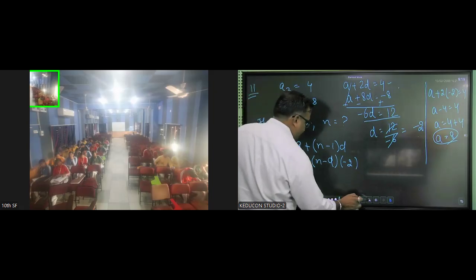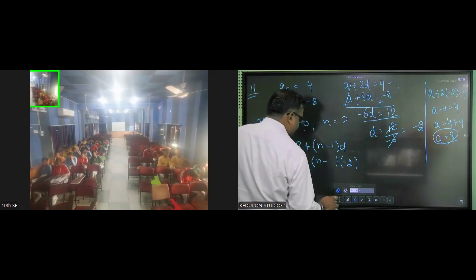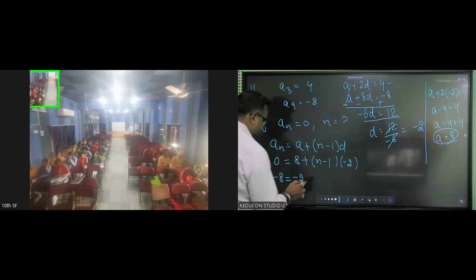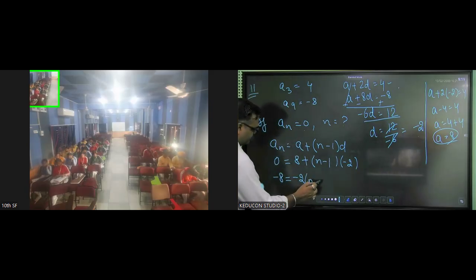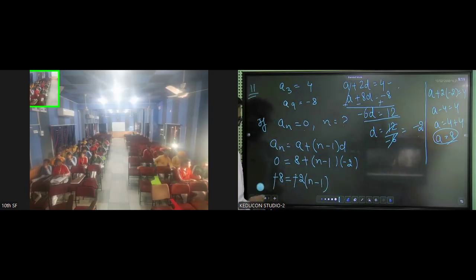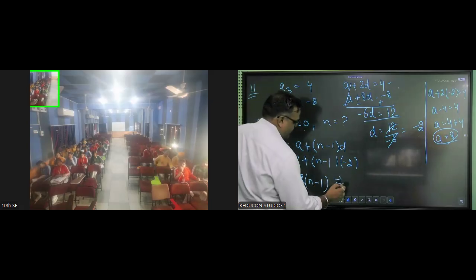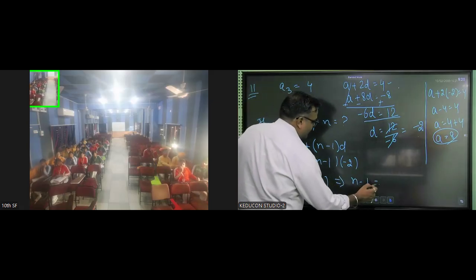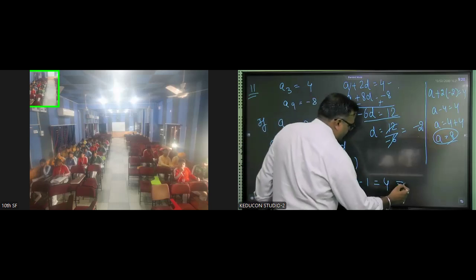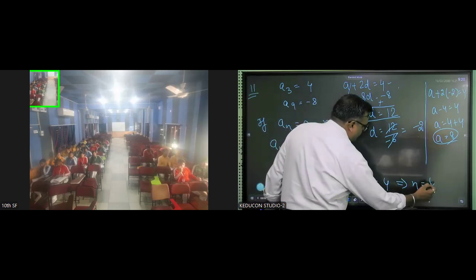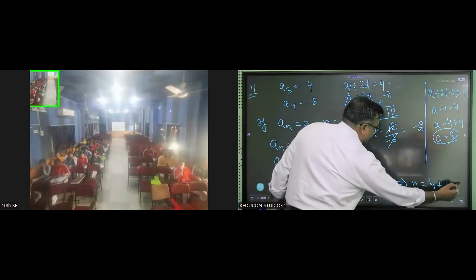This is n minus 1. Minus minus cancel, students. 2 will cancel out 4. So from here n minus 1 is 4. So therefore n will be equal to 4 plus 1, that is 5.